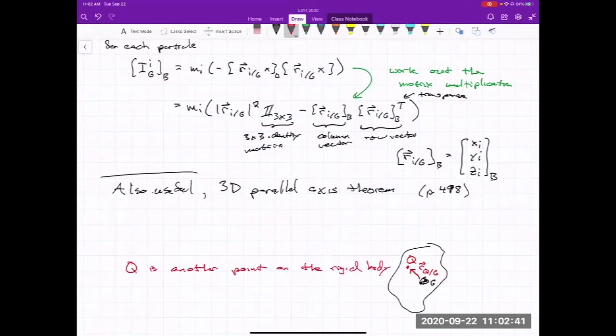And suppose we want to write the moment of inertia tensor with respect to that point Q rather than G. Then the moment of inertia about the point Q is the moment of inertia about the point G plus mg, this is the mass of the rigid body.